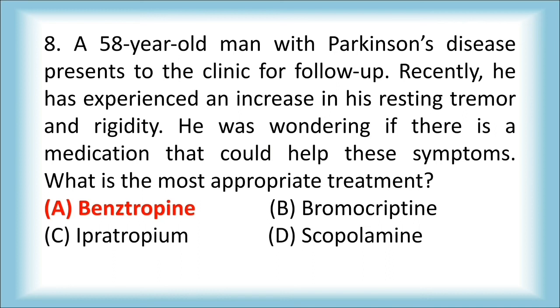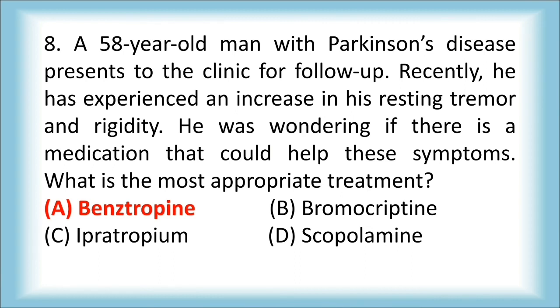I already explained the mechanism of action of benztropine in one of my previous videos. You can check that one for more details. Benztropine is an anticholinergic, and it can also be used for treating various extrapyramidal side effects like muscle rigidity or muscle spasms or tremors. It acts mainly by inhibiting the cholinergic transmission.